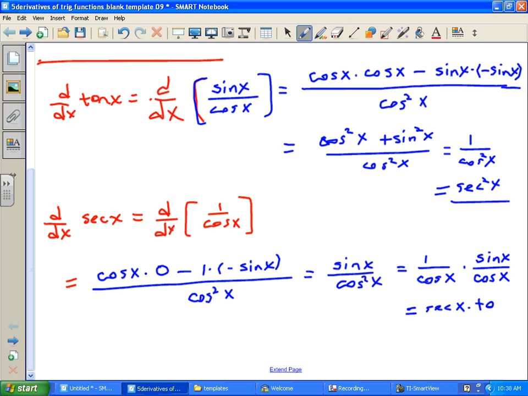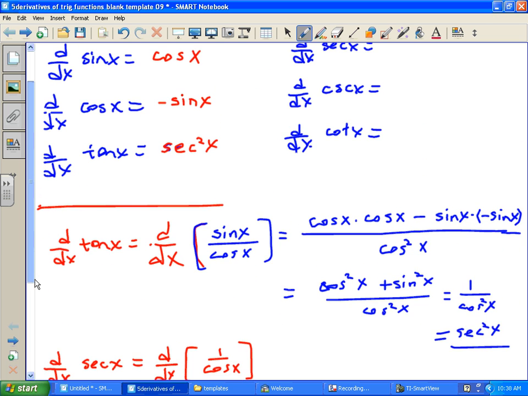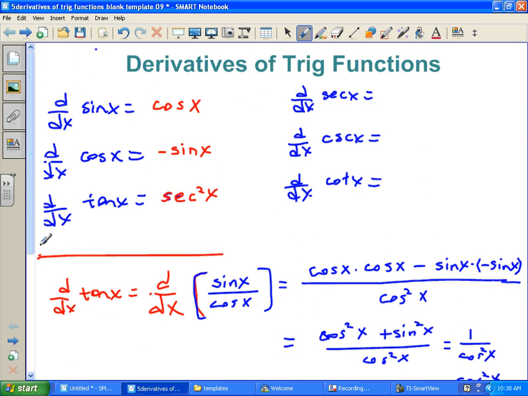So what we have determined then is, let's put that up in the chart, the derivative of the secant function is secant times tangent. Exactly. Interestingly enough, the secant function shows up in its own derivative. It's still there, but it's multiplied by the tangent function. Now I'm going to show you a quick way to get the other ones without doing any work.